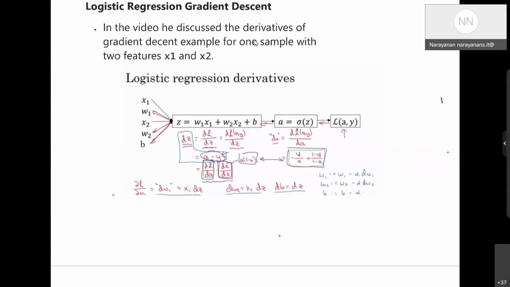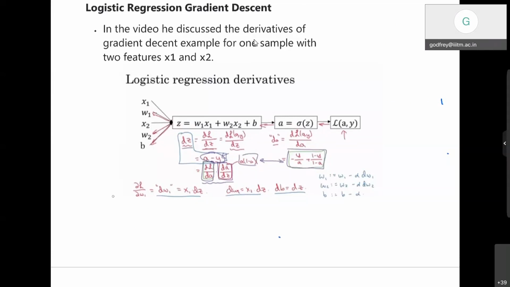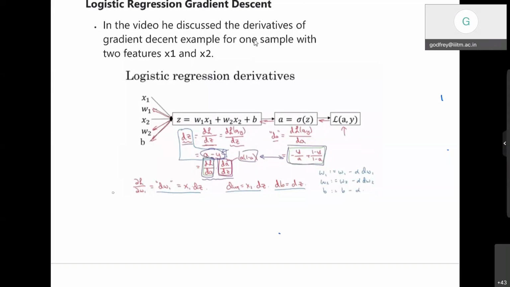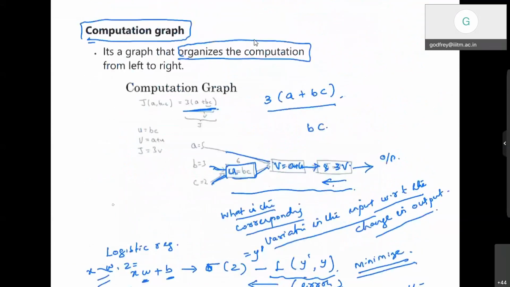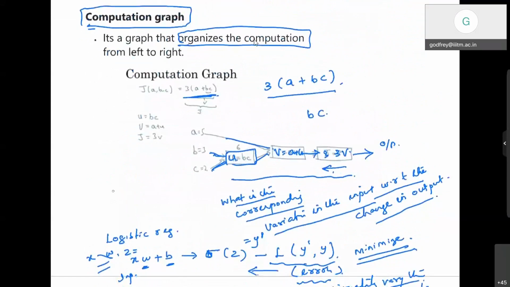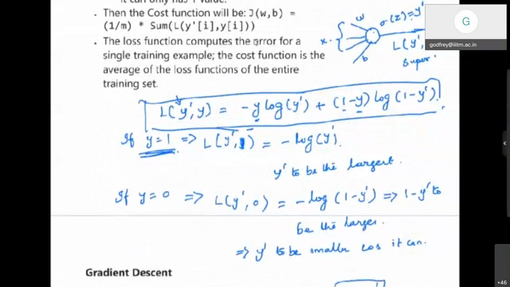So, we were looking at the first session. Here we saw that this is the loss.